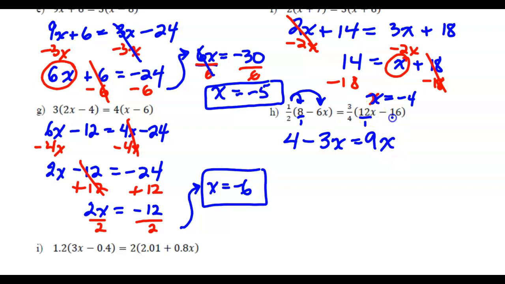And then 16 over 1, 3/4 of 16 is 12. Or you can go, okay, that's 48 divided by 4, which is 12. And it's negative, it's subtracting.